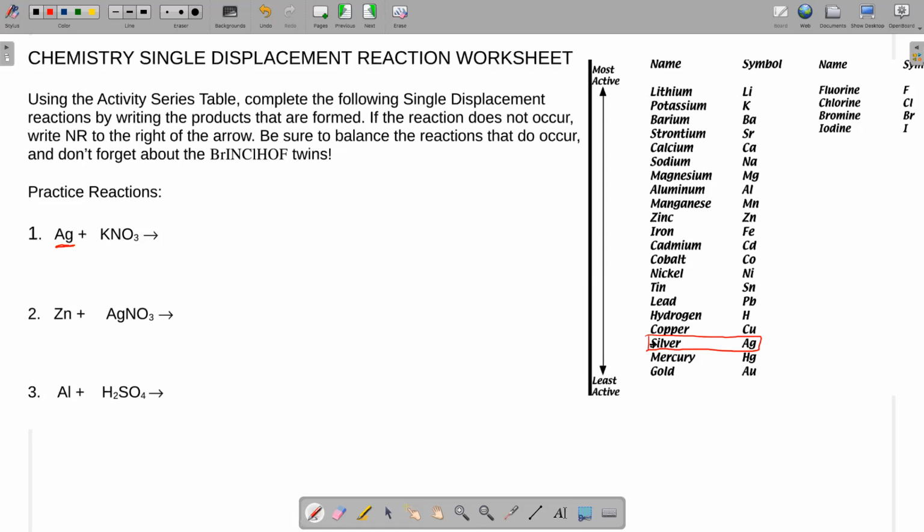You'll never see gold with tarnish on it. Gold's just beautiful. What else is in this column is potassium. Potassium's way up here. Because the silver, which is by itself, is well below the potassium, there's no reaction. The Ag is below potassium.